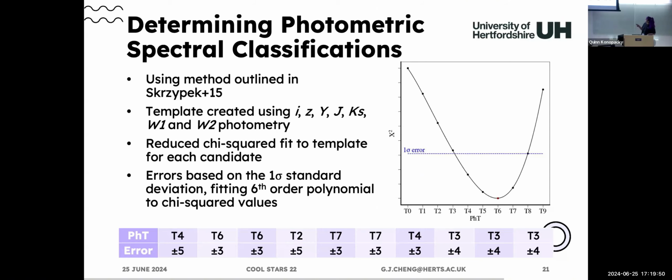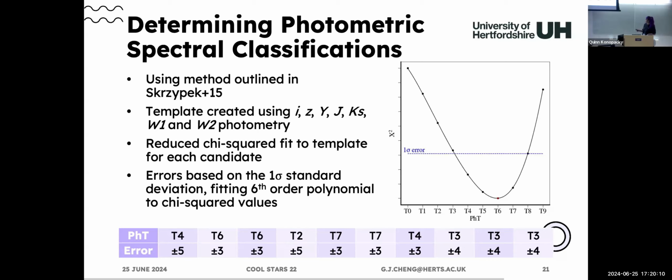Errors we got by fitting a 6th order polynomial to the chi-squared values, working out where a 1 sigma standard deviation is, and then calculating the difference between the 1 sigma error spectral type and the best fitting spectral type.